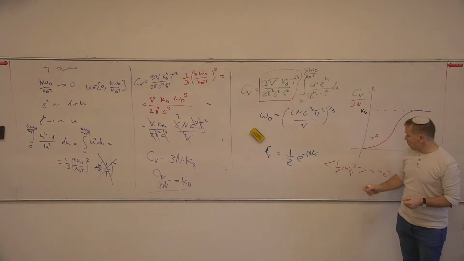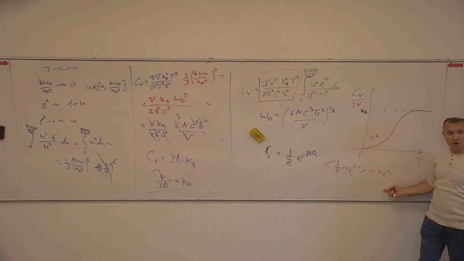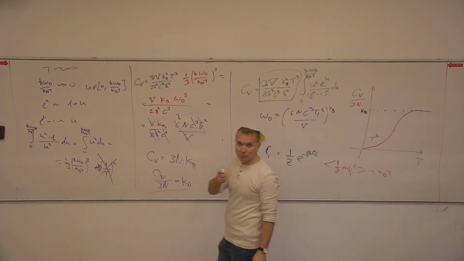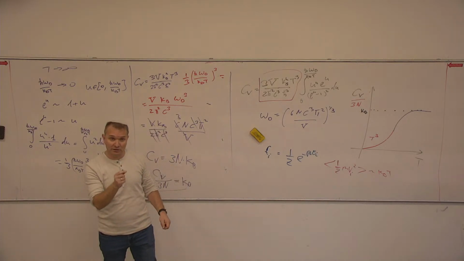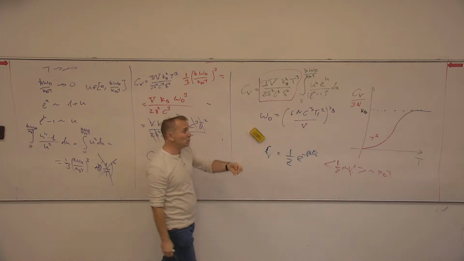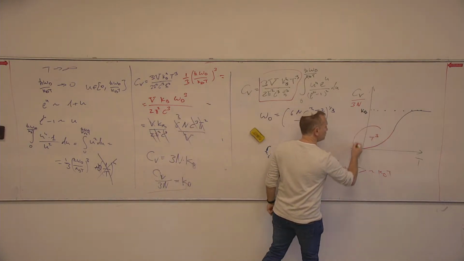Now, the moment the temperature is low, your kinetic energy goes down, and the potential energy becomes important. The interactions become important. They're always there. And when the interactions are important, particles start to somehow move together, and we know this motion together is oscillations, which leads to this part.